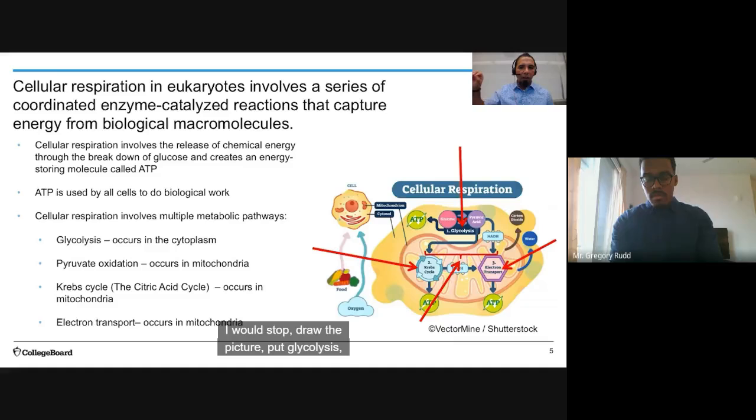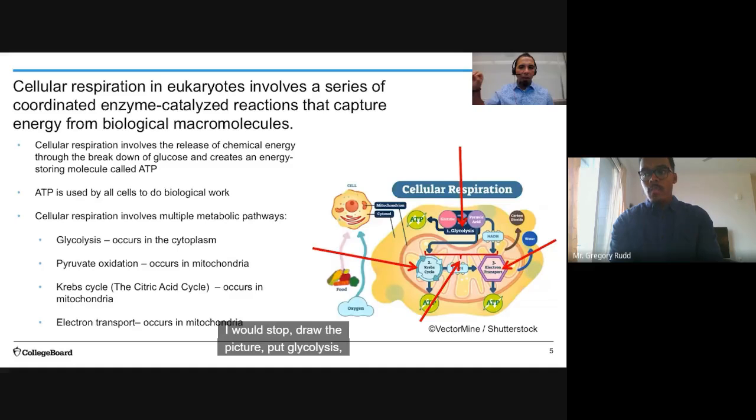Oxidation means the process by which a molecule loses an electron. The opposite of oxidation is called reduction. And reduction is the process by which a molecule gains an electron. And I just sent both of those definitions to the chat.